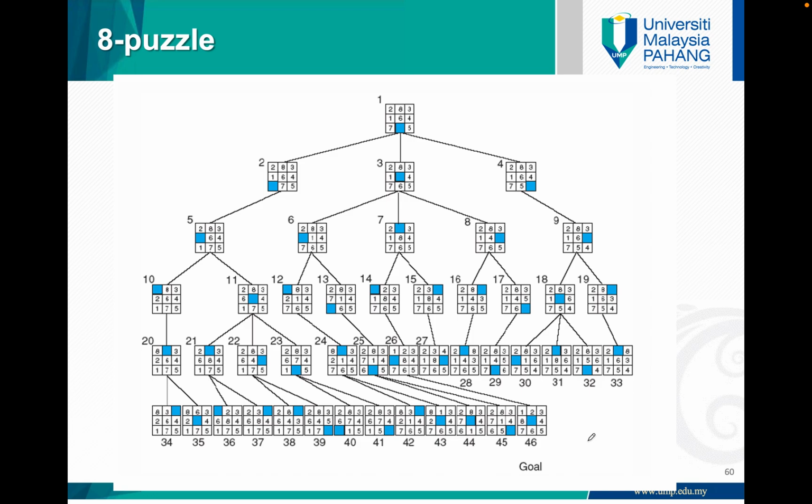Now I think this is the last one, the bidirectional search, or the acronym for this algorithm is BDS. The main idea behind this algorithm is to run two simultaneous searches, starting from both the initial state and the goal state and meeting in the middle.